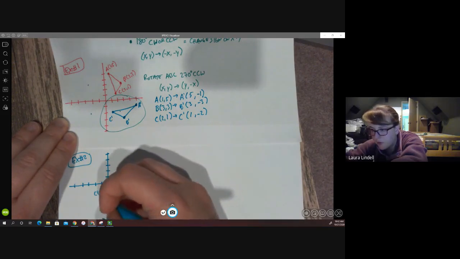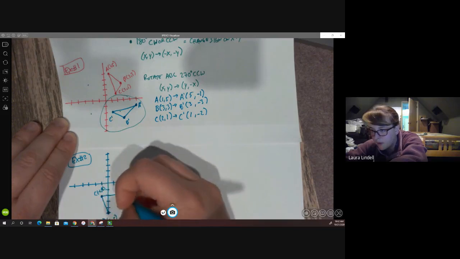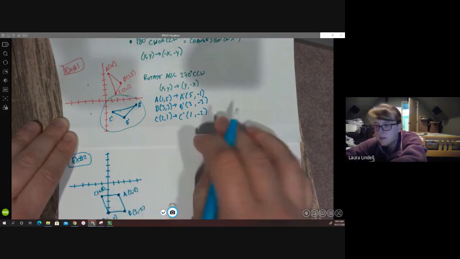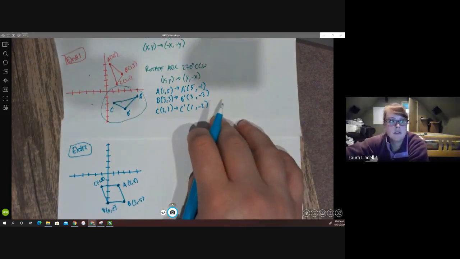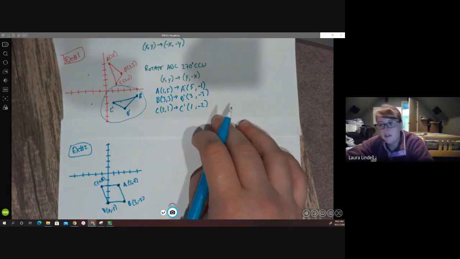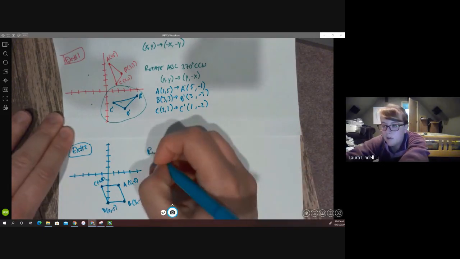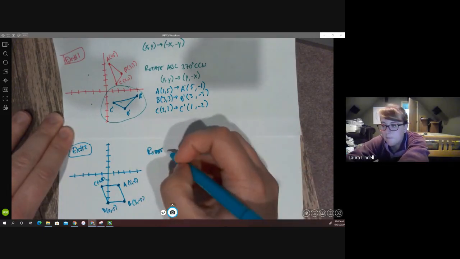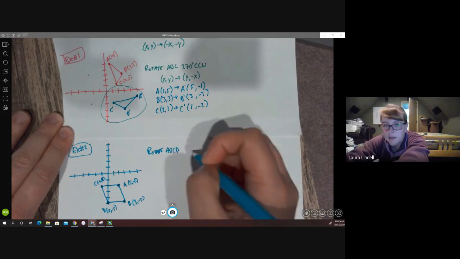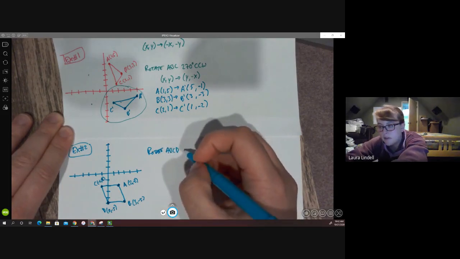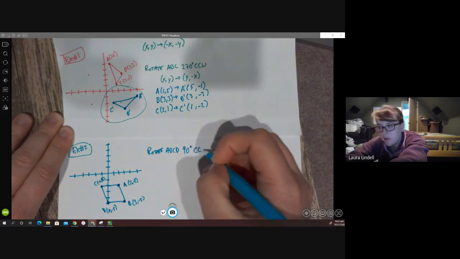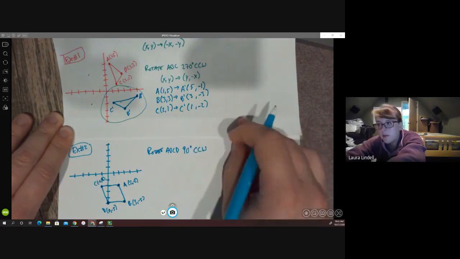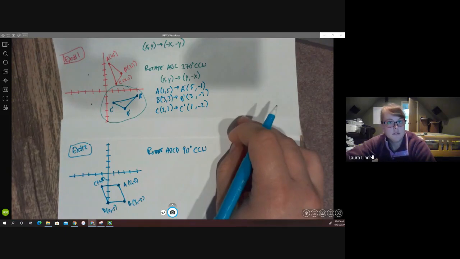So 0, -5. And this one we are going to be rotating A, B, C, D 90 degrees counterclockwise.